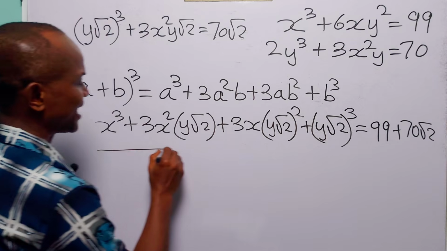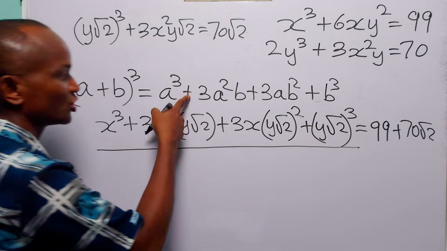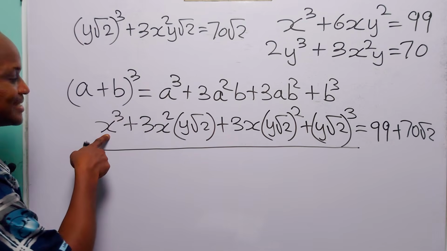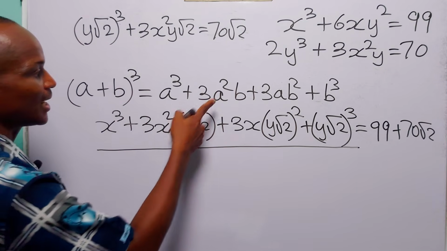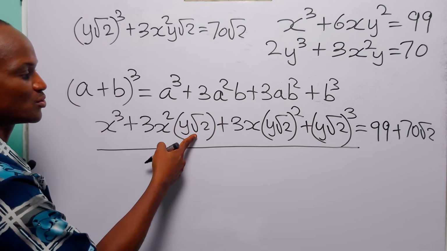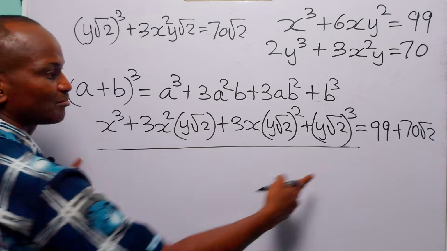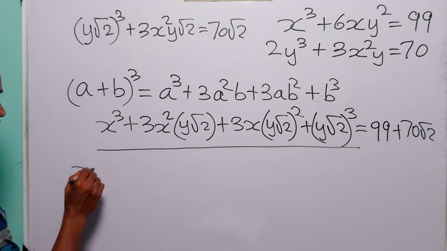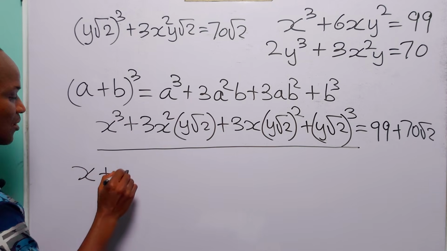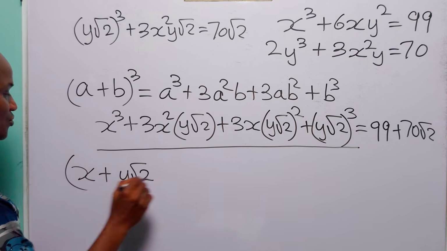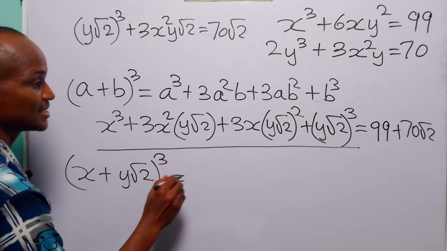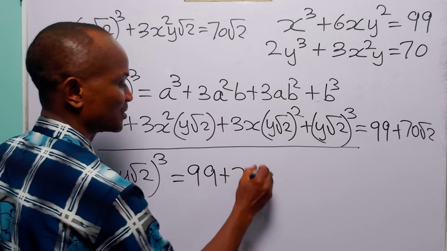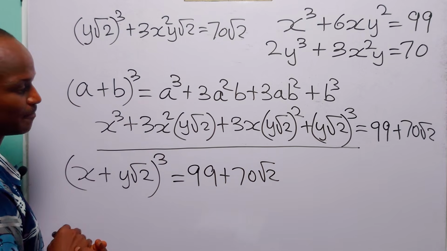Now, when you compare the left-hand side of this equation to this expansion, it is very easy to see that a is equal to x, while b is equal to y root 2. That means that we can write this left-hand side in the form (x plus y root 2) cubed is equal to 99 plus 70 root 2.